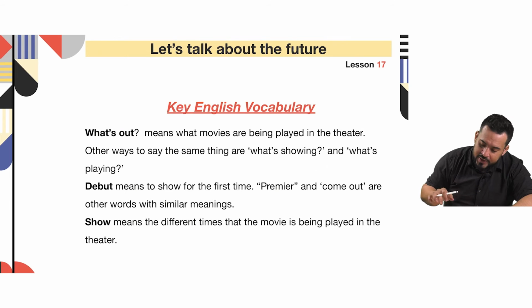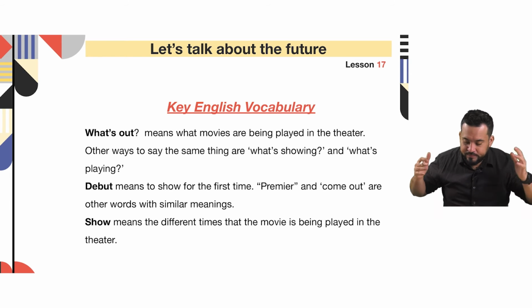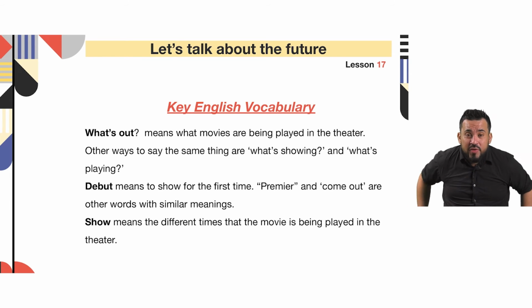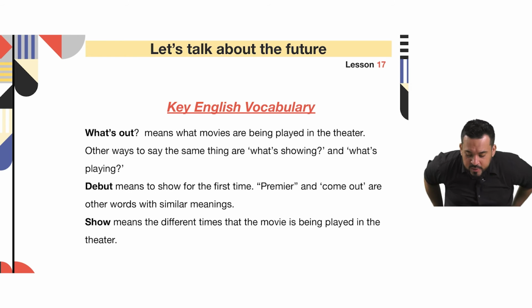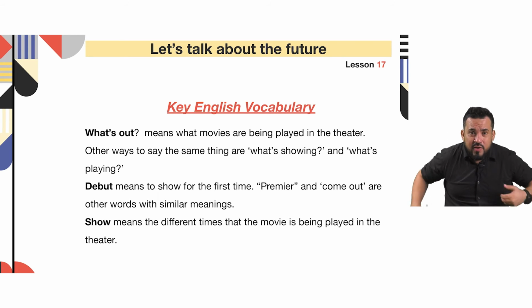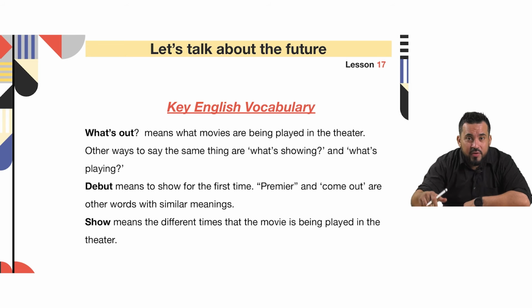Okay, let's take a look at some movie vocabularies. Okay, people love movies, right? Cinemas, movie theaters, you have huge movie buffs. Let's take a look at some vocabularies. What's out?